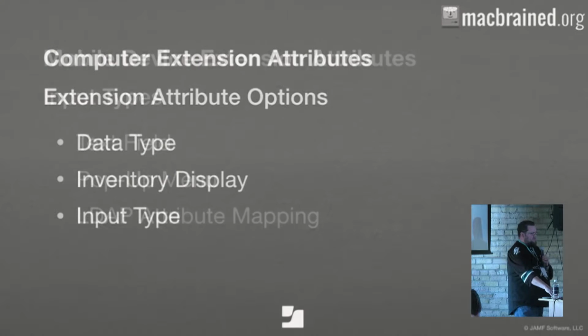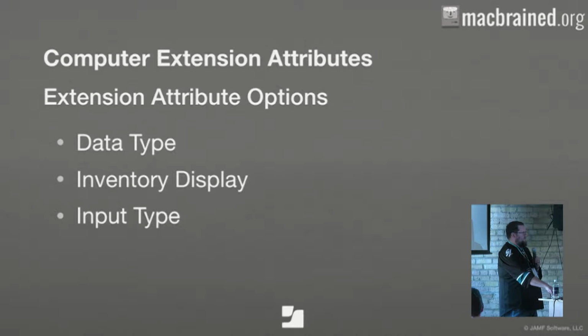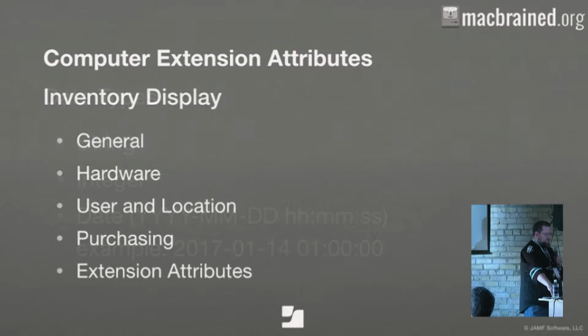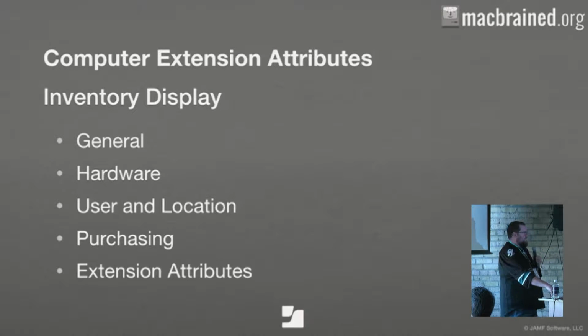The most robust out of the three that we'll see with all this is really the computer extension attributes. Those are where you can really get into some awesome nitty-gritty stuff. You see with the data types, it's a lot of redundancy here. Inventory display, we get a little bit more of an option for where we want to display this information.